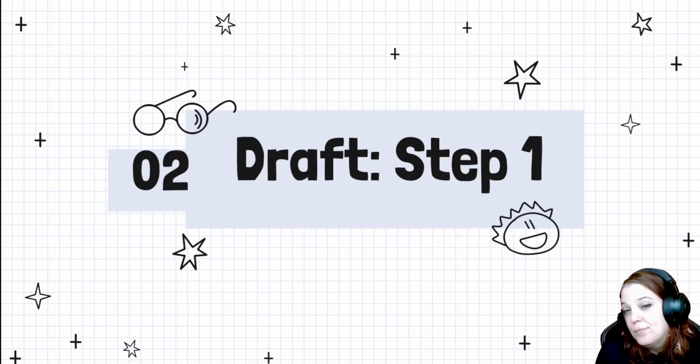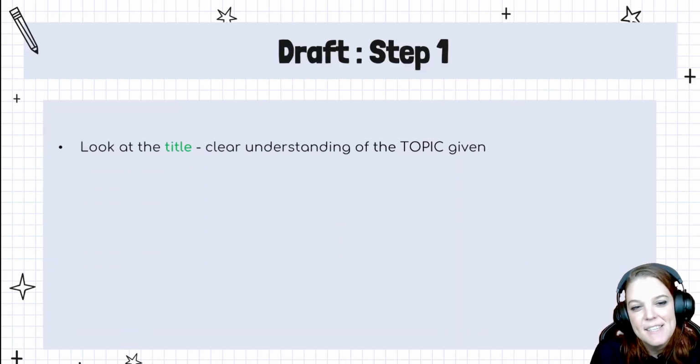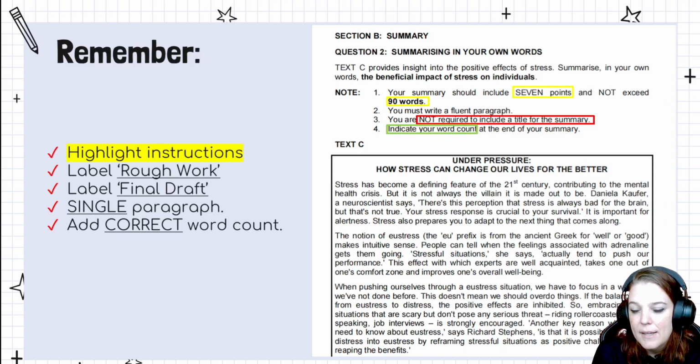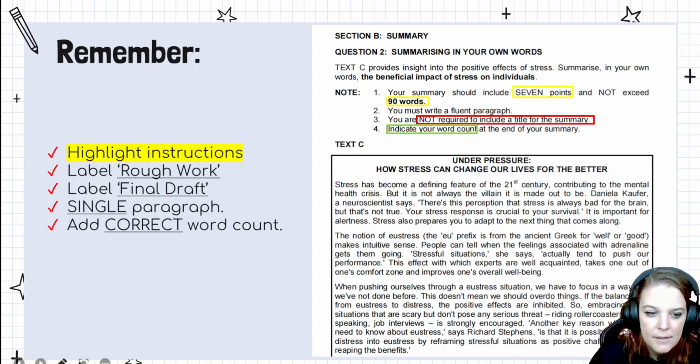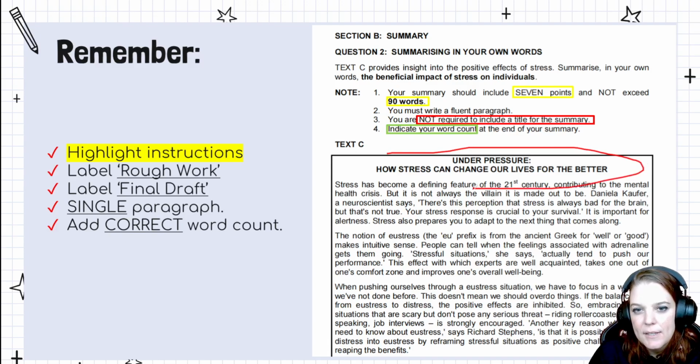So draft for step 1, if you're going to be doing a draft, which I think you should. Okay, it says look at the title and you need a clear understanding of the topic that is being given, right? So like I said, every year there'll be a different topic, right? So don't just assume that's the topic, under pressure, how stress can change our lives for the better.